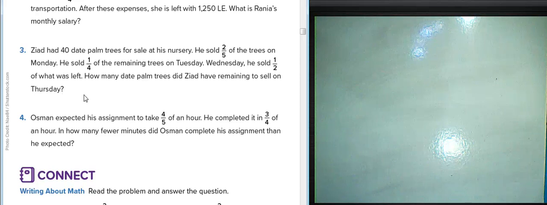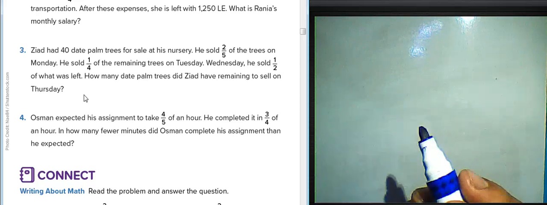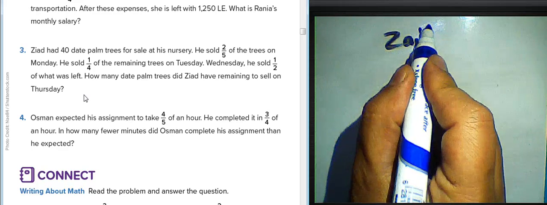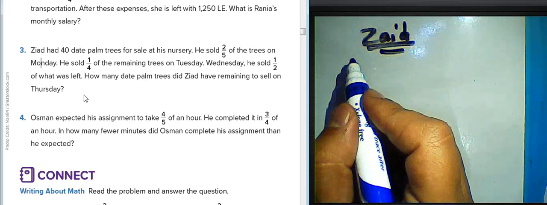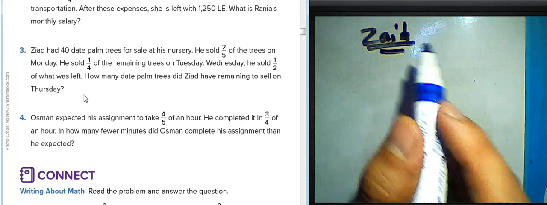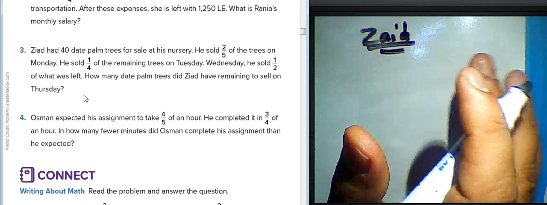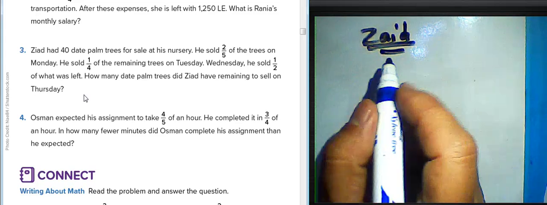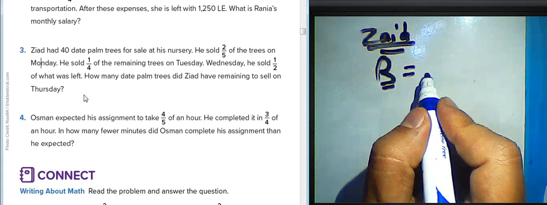First, we find the remainder. 2 over 5 multiplied by 40 tells me the trees for sale. He told us Ziad had 40 date palms for sale. He sold 2 over 5. So the remainder with Ziad will be what?